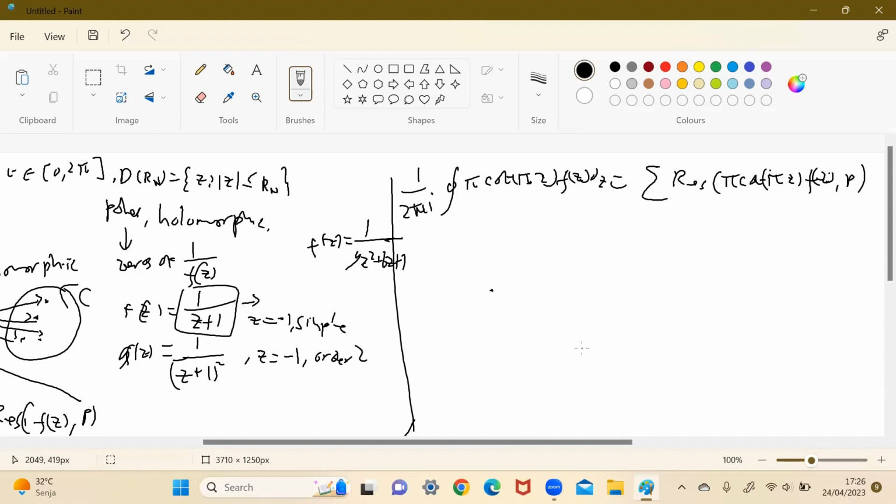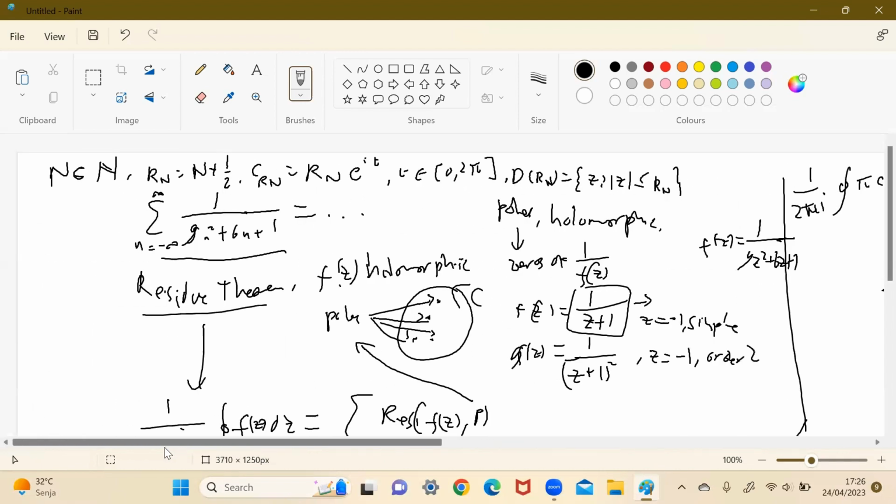If we take a look back at the problem statement, we are given a whole bunch of other information here. The R_n, which is n plus 1/2, C_Rn, all of these are actually used in the question. It basically means the radius when n is defined. C_Rn is the circle, the path that you're taking for the integration. And D_Rn is the region, the interior of the path.